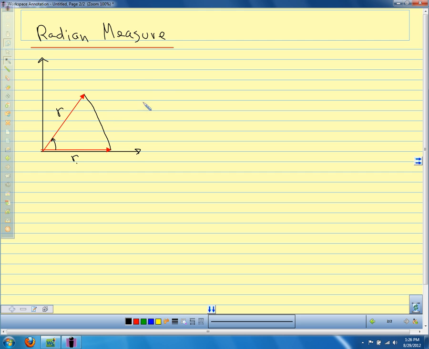And we usually use the letter S for arc length. And we're going to say on this particular circle that we've rotated through just enough angle so that the arc length equals the radius.